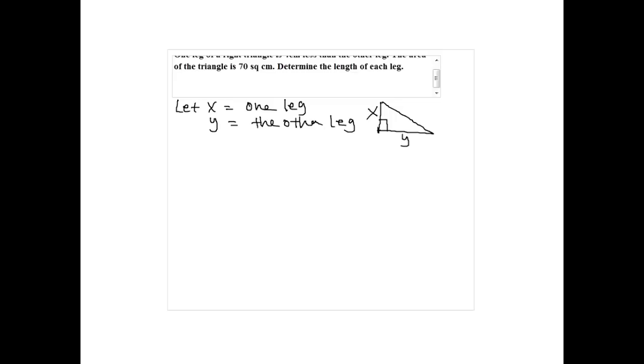So x and y. Okay, so since one leg, which is x, is 4 centimeters less than the other leg, we have an equation x equals y minus 4.